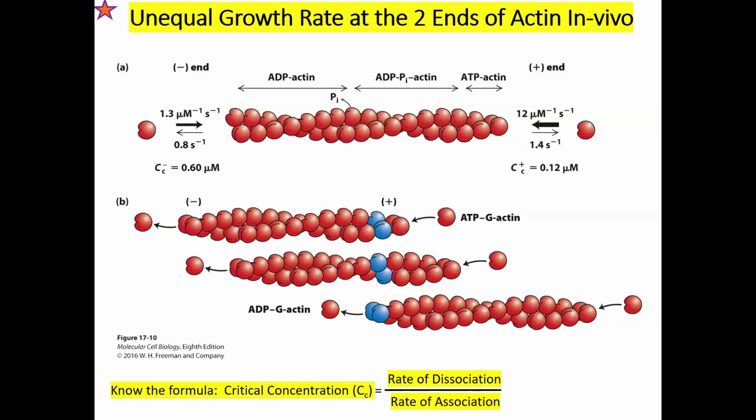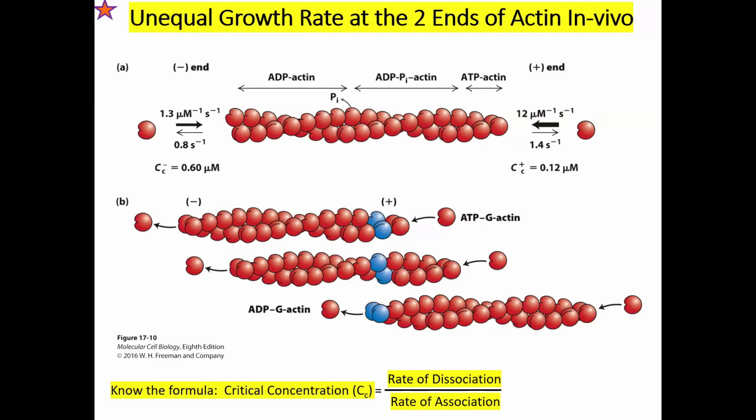On the other hand, say for example, you have 1 millimolar of actin present in here, and that's where things can get complicated. If I put a value in between these two, at one end it will be less and at the other end it will be more, so that's no problem in calculating. But if I just put 1 millimolar, you can see that this is less than 1 millimolar, and this is also less than 1 millimolar.